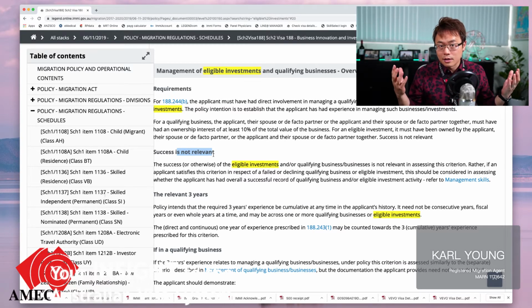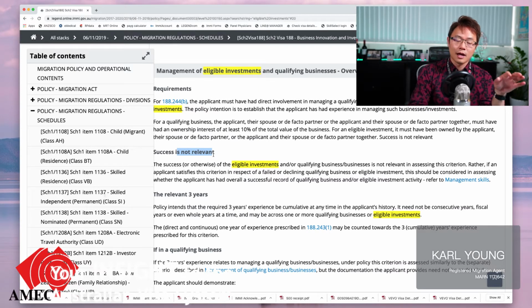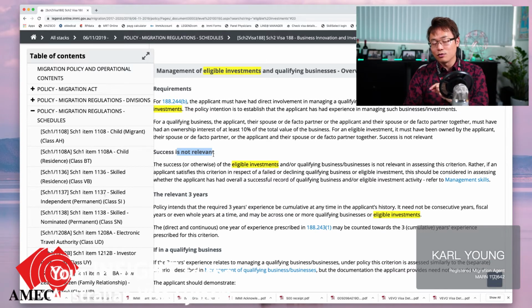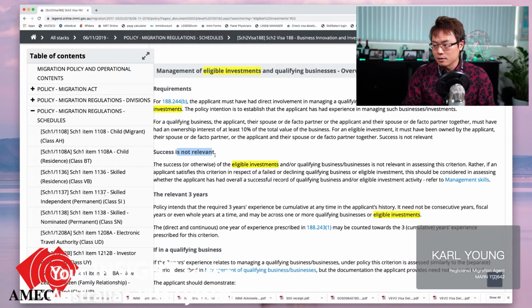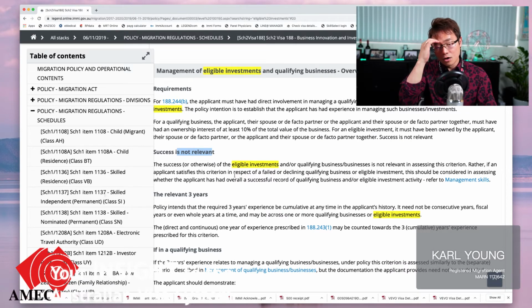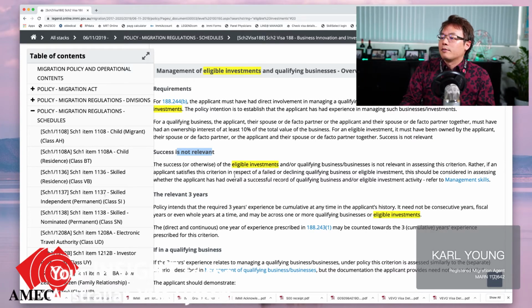Now you may lose money there, which is pretty obvious, and that's why success is not relevant. However, your assets are still required to meet that threshold of $2.25 million. So you may lose a lot of money, but you still have a lot of assets, and that's fine. You have a lot of money to play with.